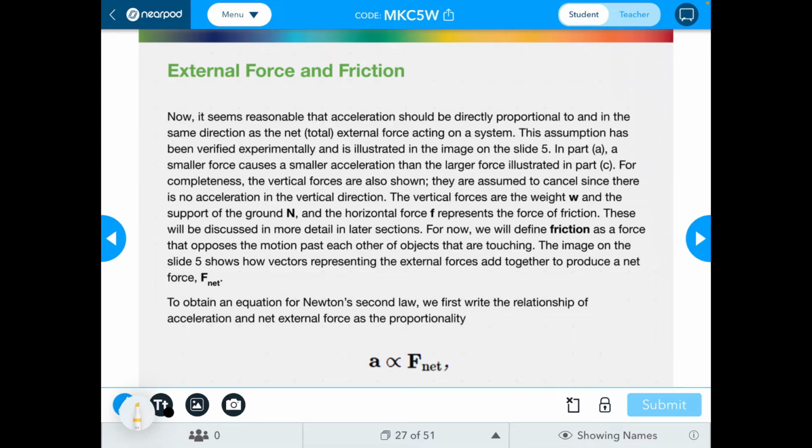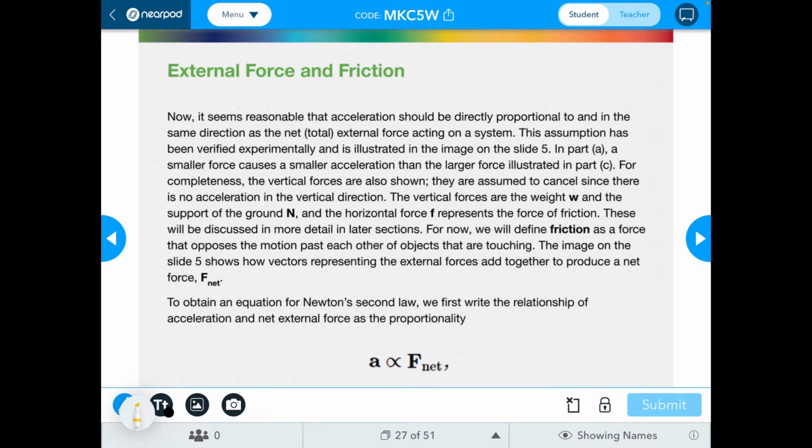So we try not to use W for weight. We usually just say it's F with a little g as a subscript, so you know it's the force due to gravity. Normal force is also not usually capital N. Sometimes it is, but a lot of times we'll label that as Fn, which is the normal force.